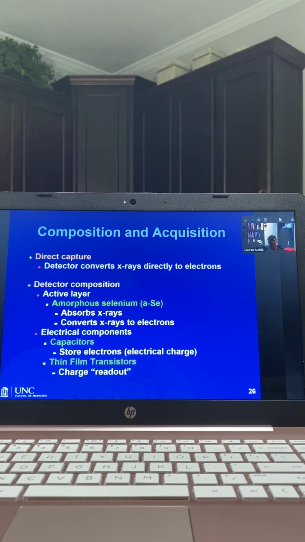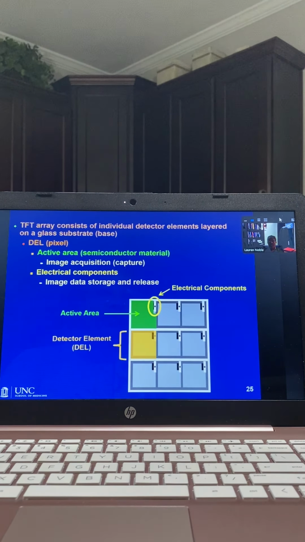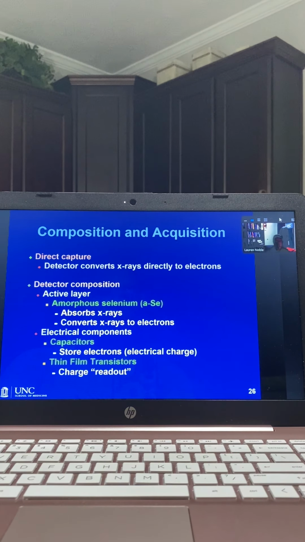All of the network of electronics underneath is the thin film transistor technology. When voltages get applied to that network, it basically signals to the capacitor, okay, release your charges. So the thin film transistors are responsible for releasing those charges, basically telling the capacitors, okay, it's time to release those charges.